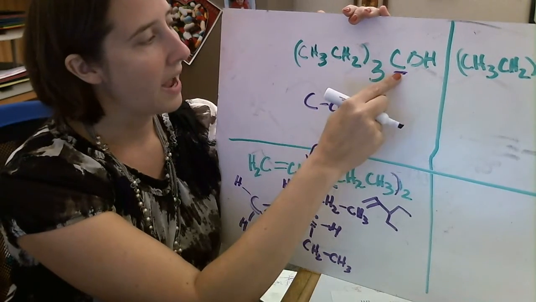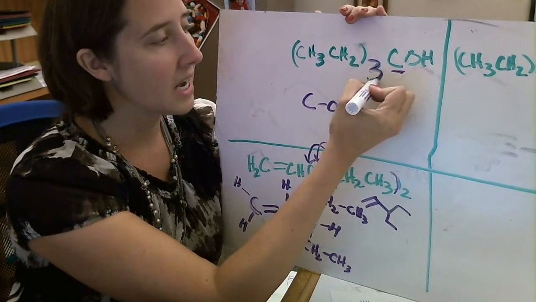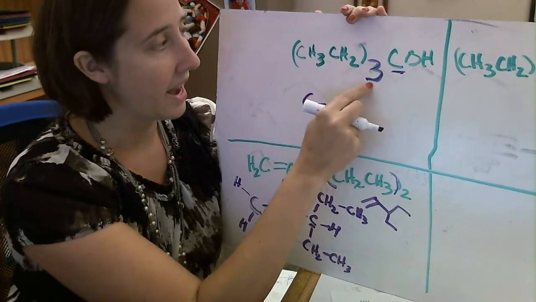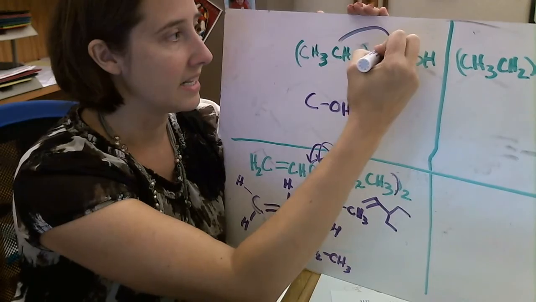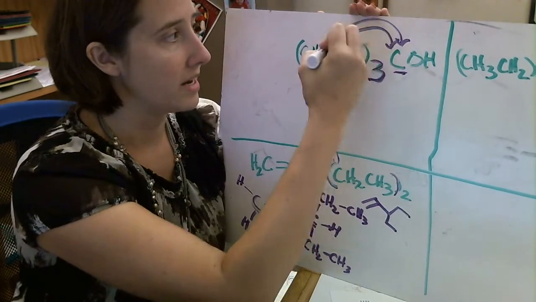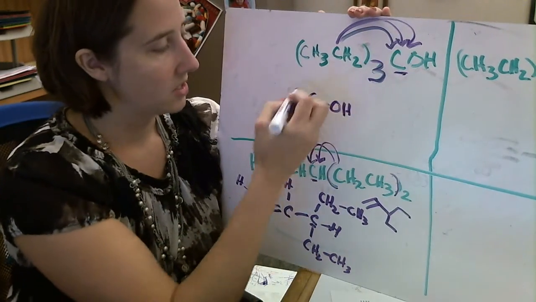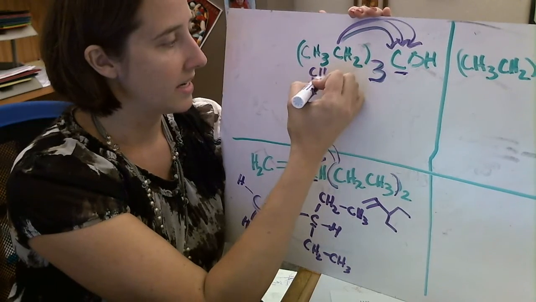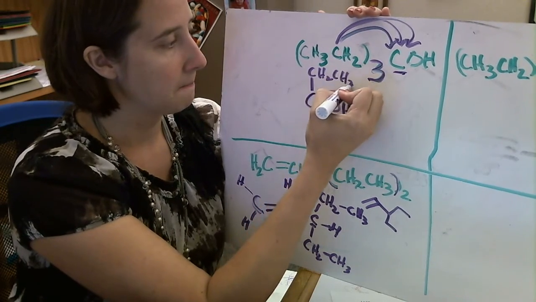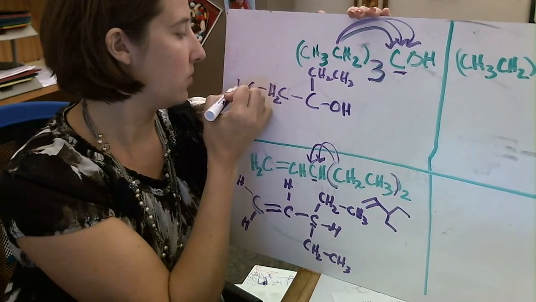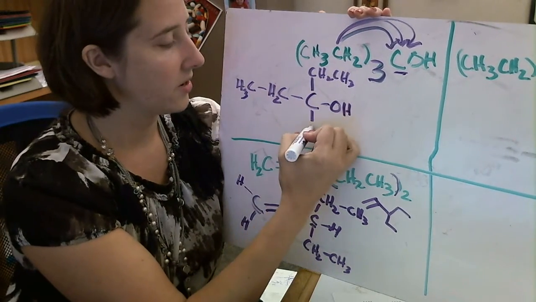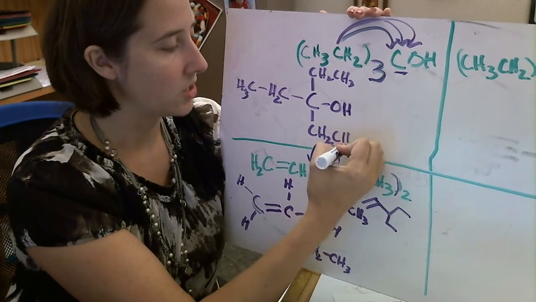And then I also have 3 times I have this group on it. So I have this carbon connected to this one once, twice, 3 times. So I have off of this a CH2, CH3, another CH2, CH3, and another CH2, CH3.